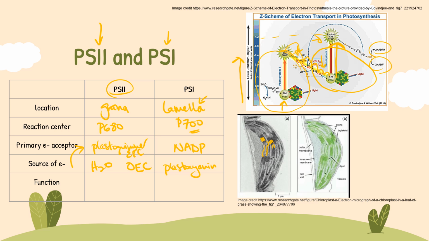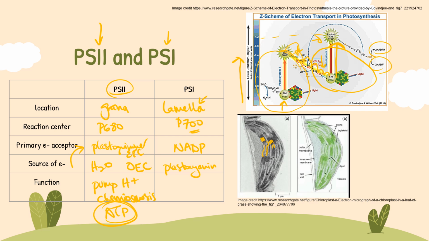The job of photosystem 2 is to pass electrons to cytochrome so that we can pump those protons for some lovely chemiosmosis, so that we can make lots and lots of ATP that we'll then use in the light-independent reactions that we're going to talk about on the very next slide.